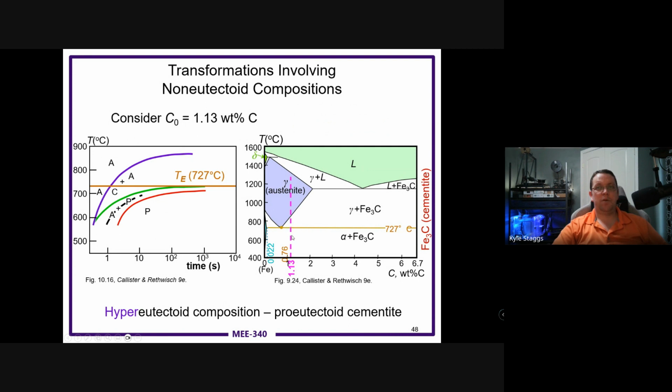As we continue to cool, we're still on the same composition line, right? But this graph in terms of temperature is kind of like if we were to pull that 1.13% like a book off of a shelf, that's what this graph is. It's taking that information and turning it sideways, with the third dimension being time.